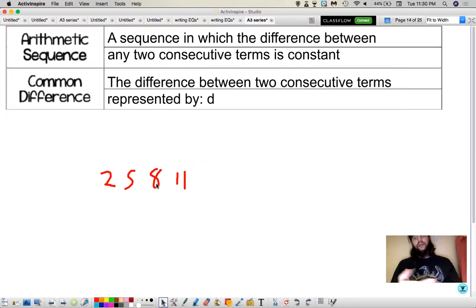Consecutive means right next to each other, one after the other. So arithmetic sequence means you're going up by the same number each time. You subtract any two consecutive terms, you're going to get the same answer. All right, so in this case, D would be 3. We use the letter D to represent our common difference.